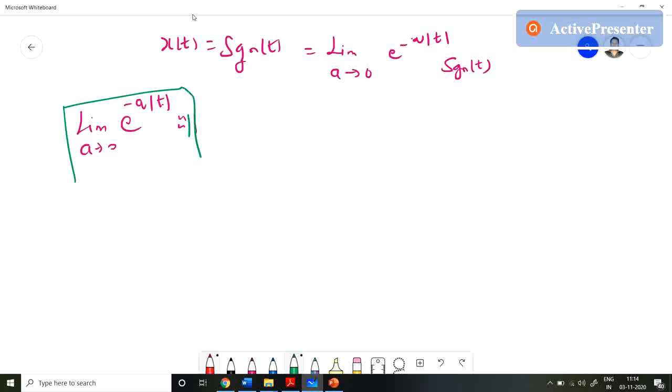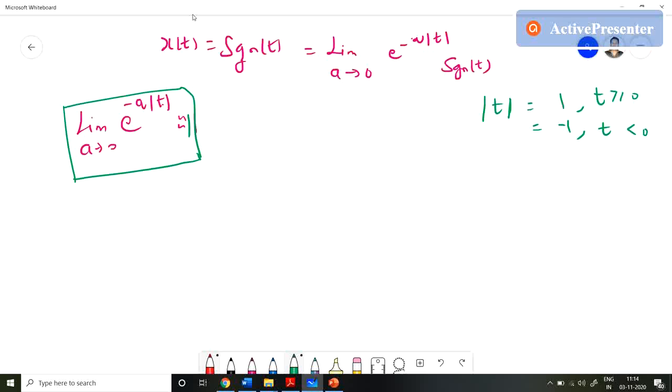Since it is 1 multiplied by signum t, that is equal to signum t only. And what is modulus of t? Modulus of t is equal to t when t is greater than or equal to 0, and it is equal to minus t when t is less than 0. This is the definition of modulus t.